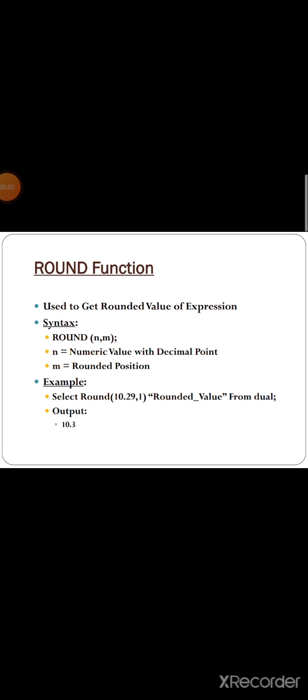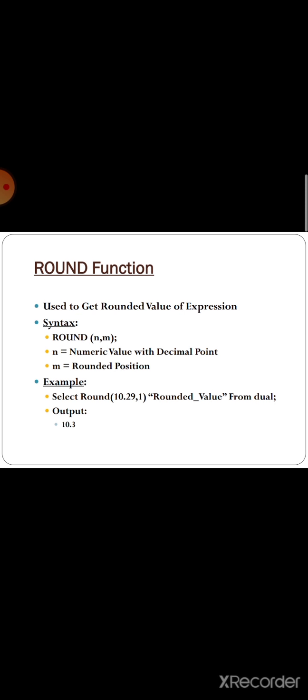Next function is the round function. This function is used to get the rounded value of an expression. You can see the syntax: ROUND(n, m). Here n represents the numeric value with the decimal point, meaning a floating point number is assigned to n, and m represents the rounded position, that is, how many digits should be rounded after the decimal point.